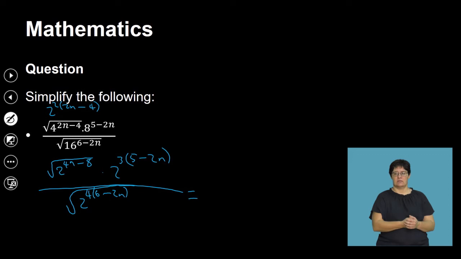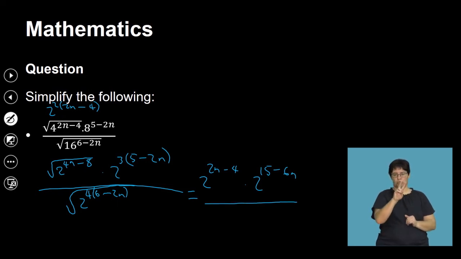And this will therefore become, so here, because I'm going to raise this to the exponent of 1 over 2, it will then give me 2n minus 4 times 2 to the exponent of 15 minus 6n, and then divided by 2 to the exponent of 12 minus 4n.